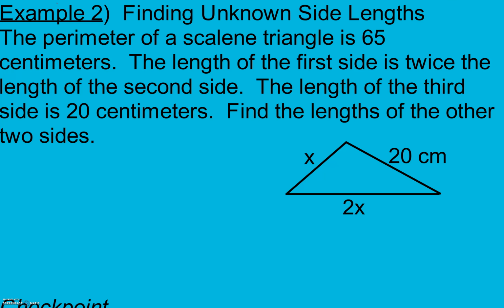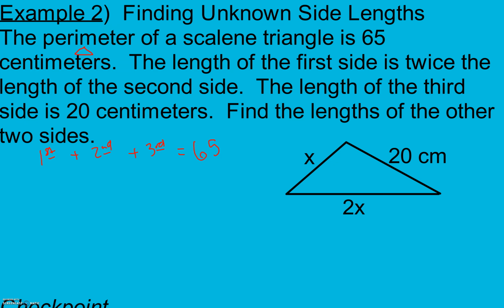In example 2, it says the perimeter of a scalene triangle. Perimeter means the distance around, and scalene means none of our sides are the same, is 65 centimeters. So our first side plus our second side plus our third side is going to be 65. We add up all of our sides.